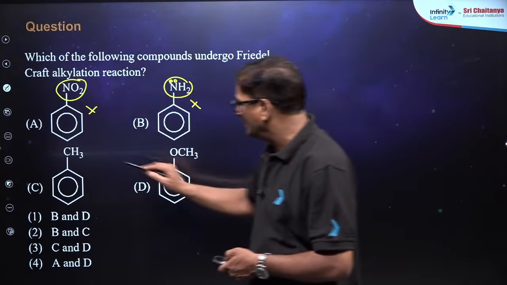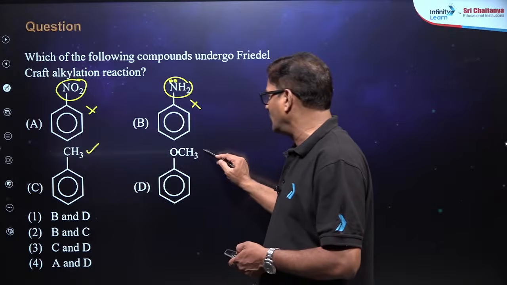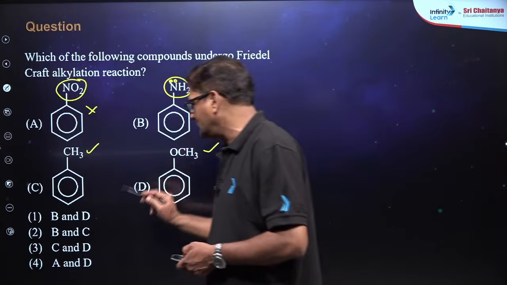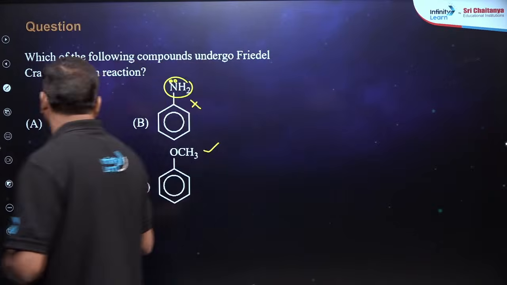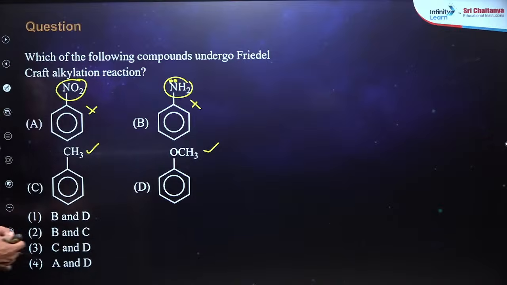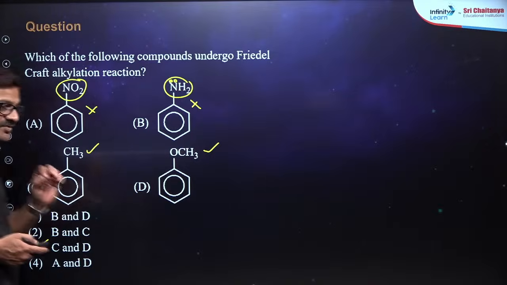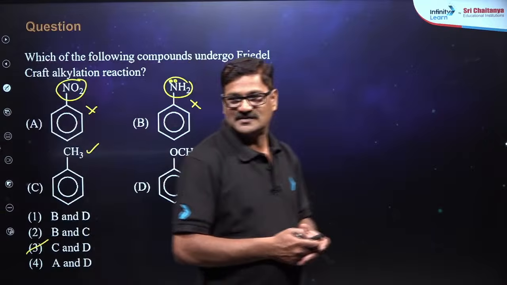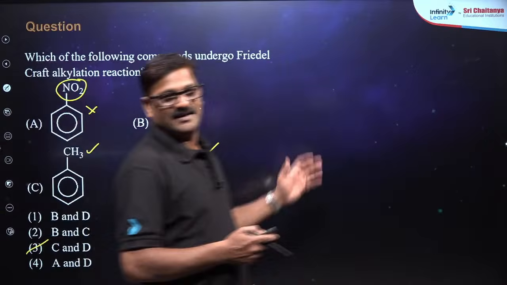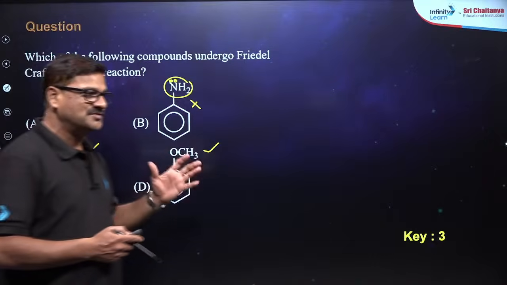Toluene can undergo, and anisole can undergo. So A and B do not undergo. C and D can undergo. Option 3 is the correct answer for this question. Fine. Any doubt, bacho, here at option 3?